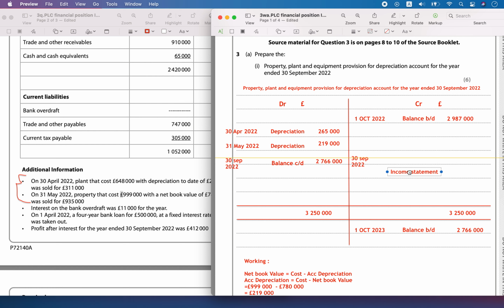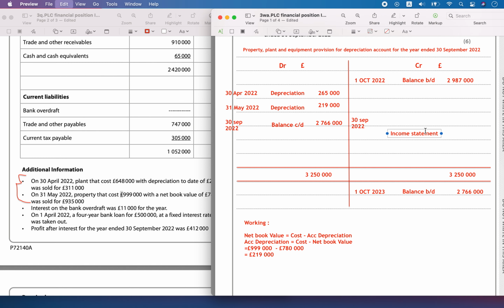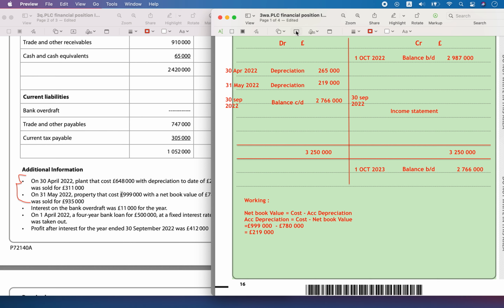The income statement amount is 3,250,000 minus 2,987,000, because the balances have to be the same on both sides.